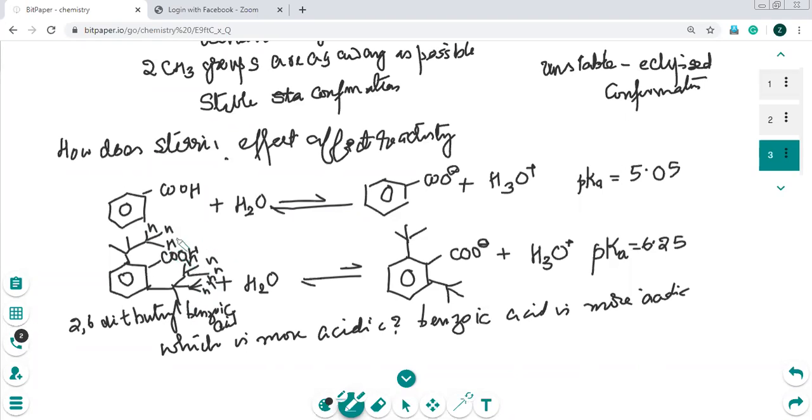These bulky groups will hinder the ability of the water to take away this proton. So this is due to steric effect.